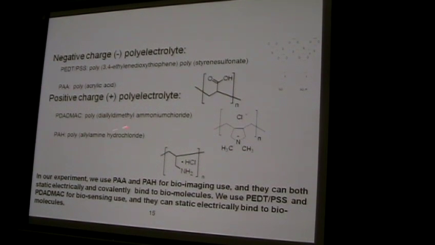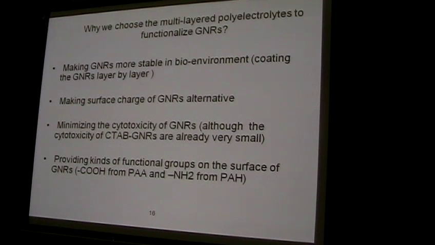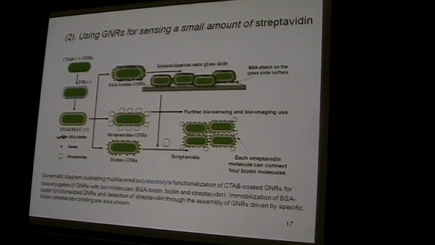Particularly for the bioimaging case, we need a very tight attachment, and then we use PAA and PAH, because they can not only have the positive-negative charge attraction force, but can also be covalently bound together. And we use multiple polymer layers rather than just one layer.